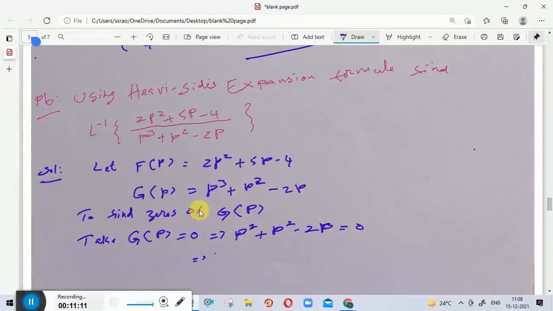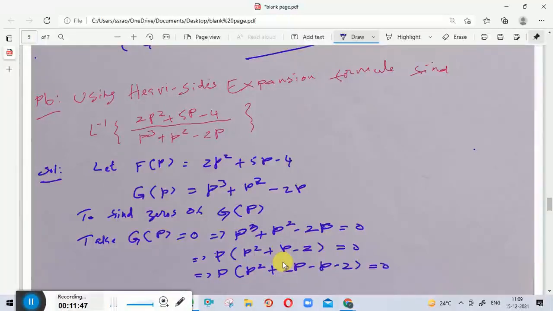Taking p common, p square plus p minus 2 is equal to 0. That implies we factorize this p square plus p minus 2: p square plus 2p minus p minus 2 is equal to 0.